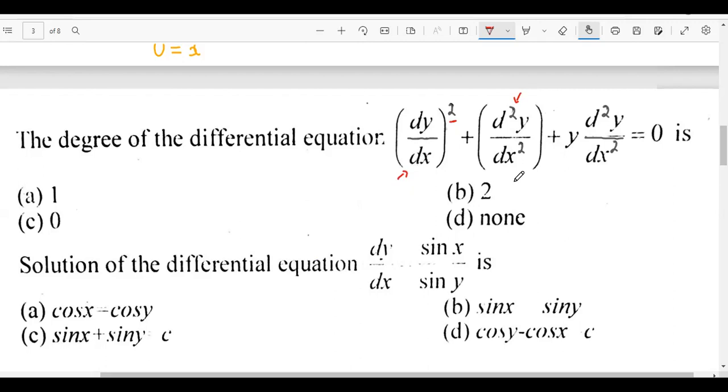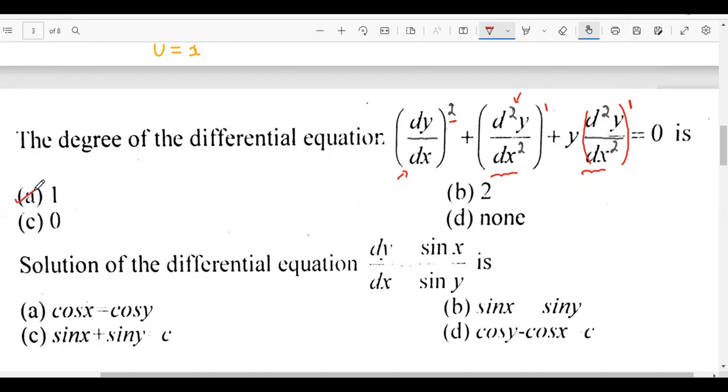We look at the degree of the highest power of the highest order derivative. The highest order derivative is d2y divided by dx2. So it is 1. That is why the answer is 1.